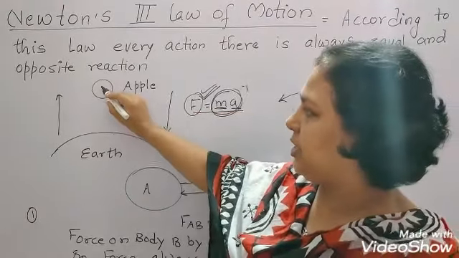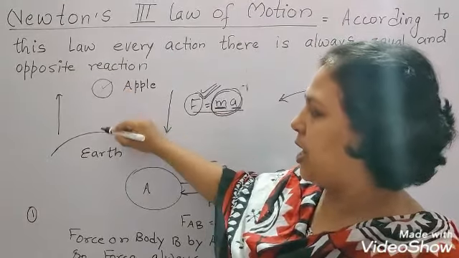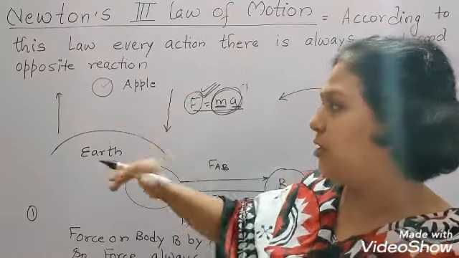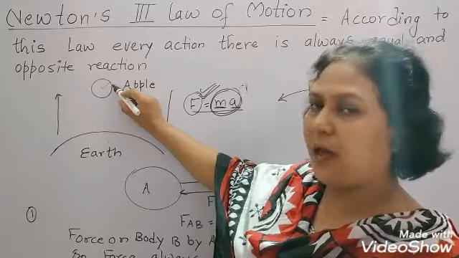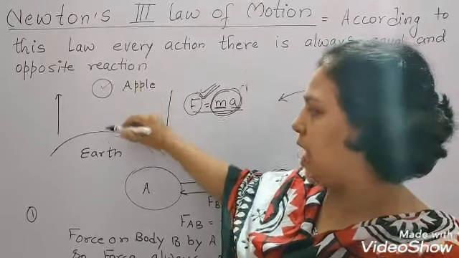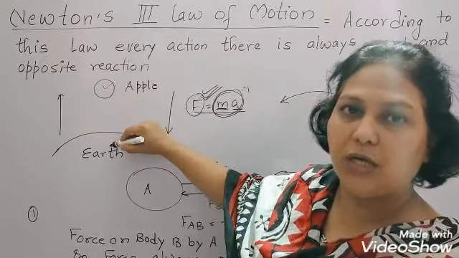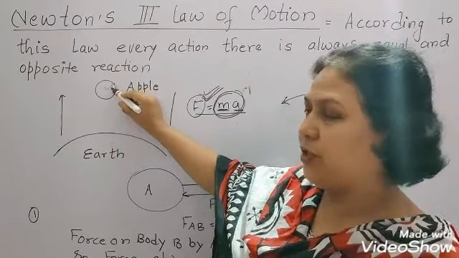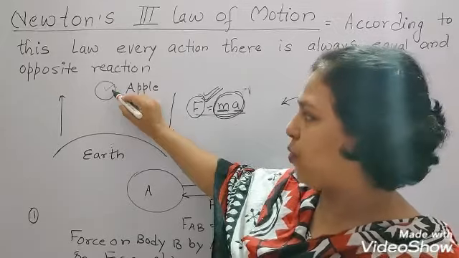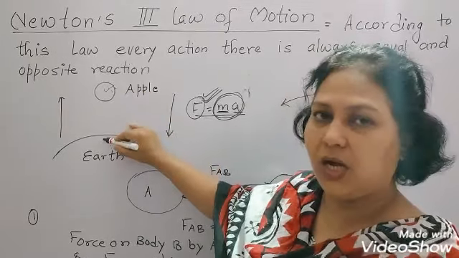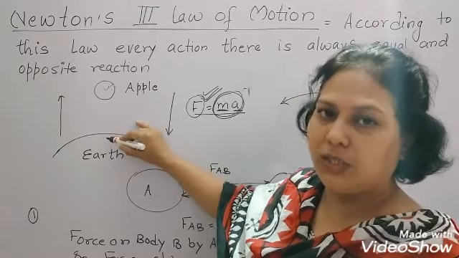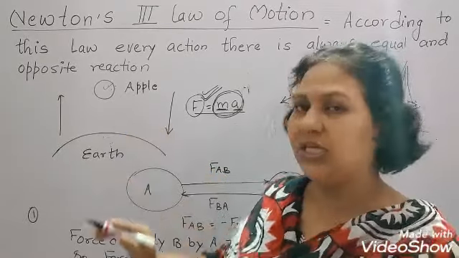That means if the mass is less, the acceleration will be more, and if the mass is more, the acceleration will be less. The mass of the apple, compared with the earth, is very small, so the acceleration produced on the apple will be very large, and the acceleration produced on the earth will be very small. That is why the apple's acceleration towards the earth is noticeable, while you cannot notice the acceleration of the earth because it is negligible.